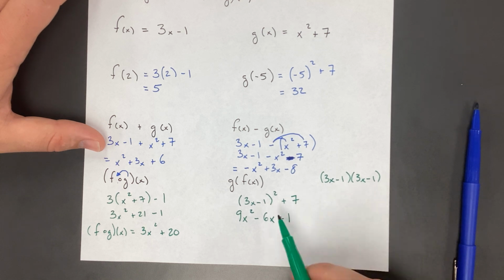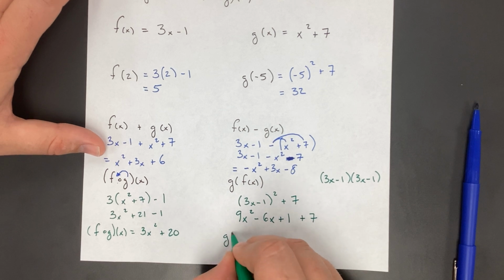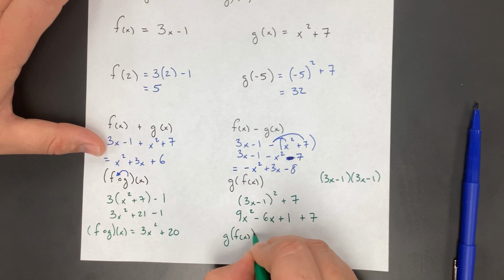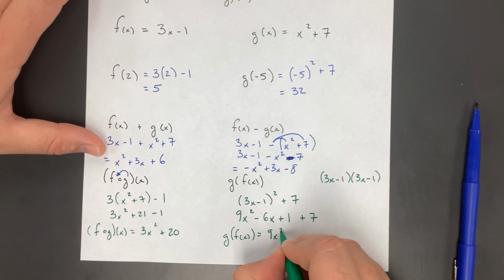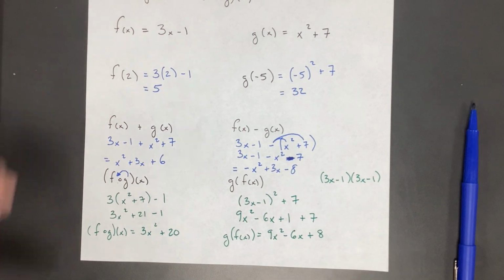And then negative 1 times negative 1 will give me that plus 1, and then we have plus 7 here. So g of f of x is equal to 9x squared minus 6x plus 8 would be our function.